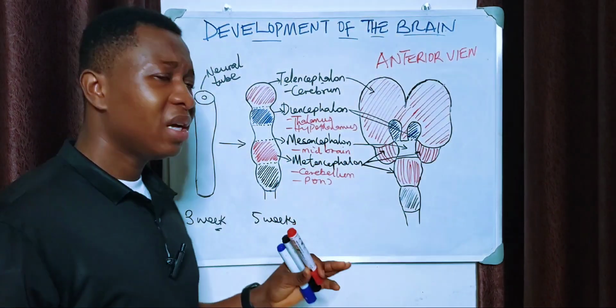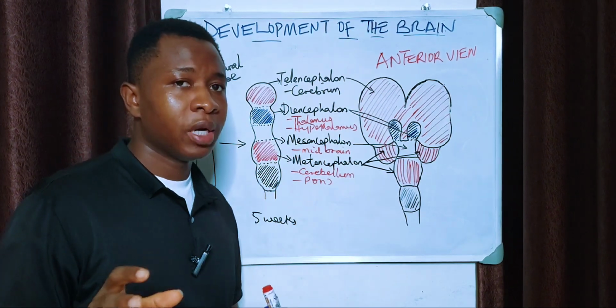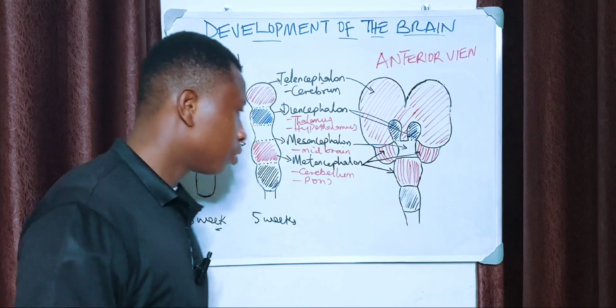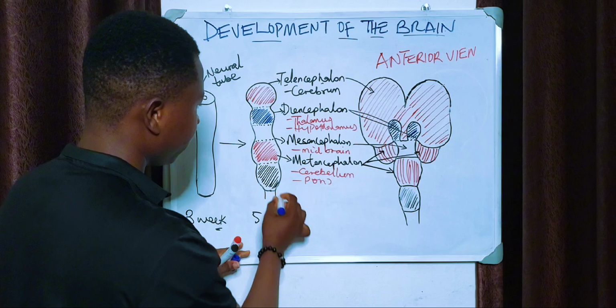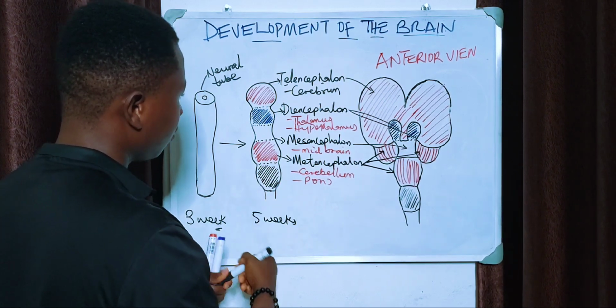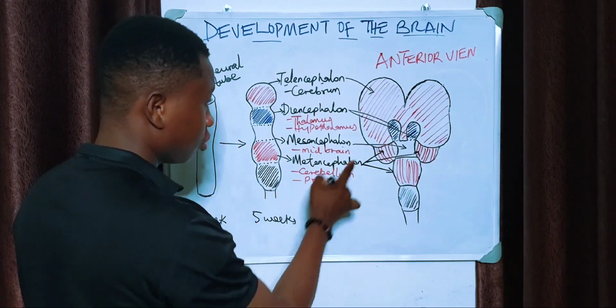Okay, so I've done a little explanation on the different parts of the brain when I was talking about the central nervous system, so you can go and check that out. Now, this last part, remember we said that these vesicles are important landmarks that form the structure of the brain.